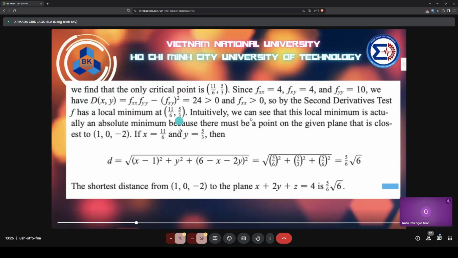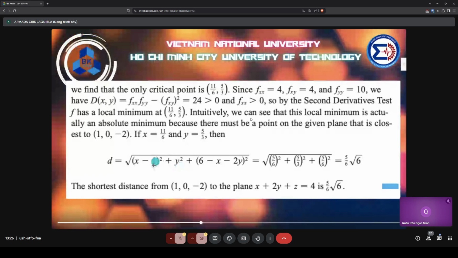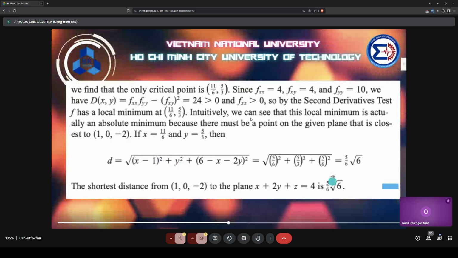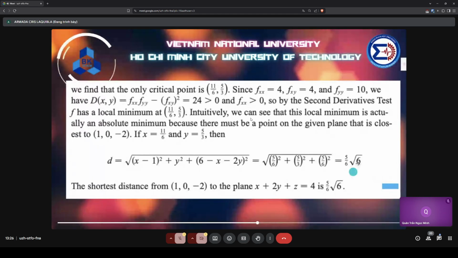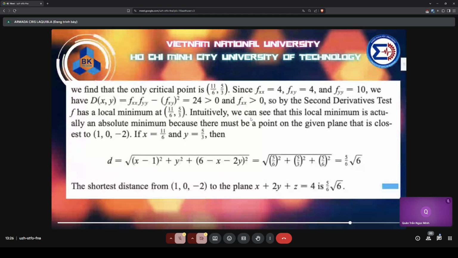You substitute it here, the distance with no z, substitute x and y, and you will get 5 over 6 square root of 6, the shortest distance.